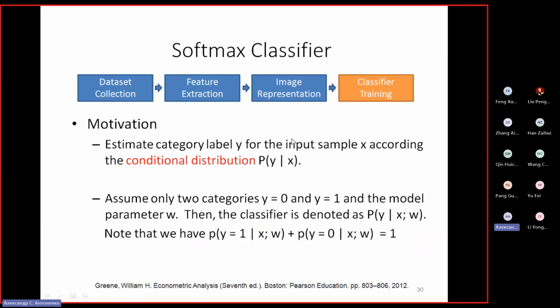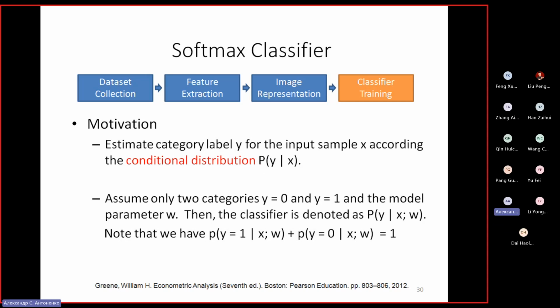And then we can estimate the category label for an input sample. So if we have input sample X, we need to estimate some conditional distribution, some conditional probability that this object X has label Y. For example, let's take only two categories, 0 and 1.